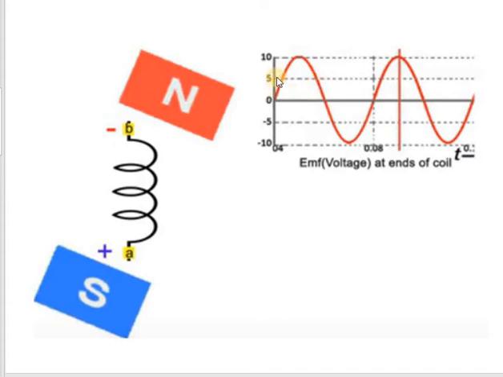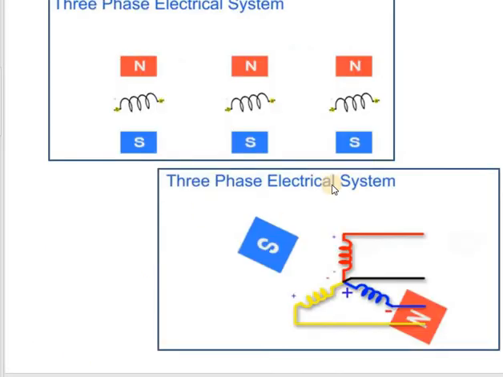So you will generate EMF at various intensity. When the magnetic field and the coil line are aligned or parallel to each other, the EMF will be 0.